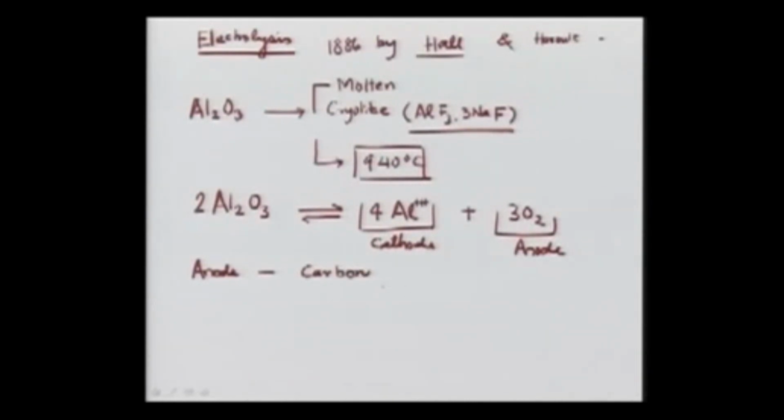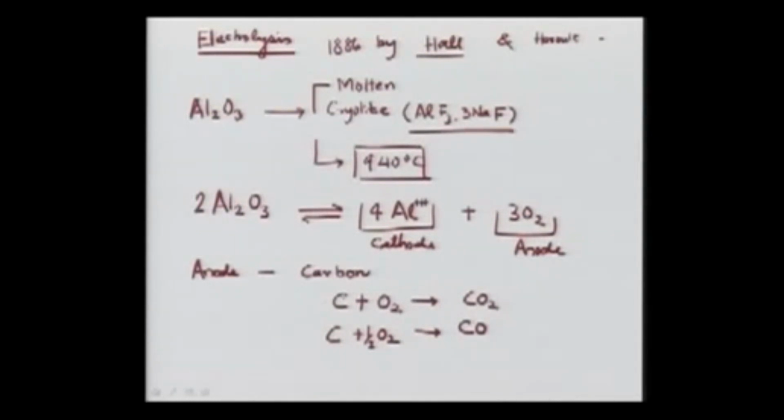So this oxygen, when it reaches the anode, can react with this carbon anode and produce CO2. It can also produce CO. Balance that.